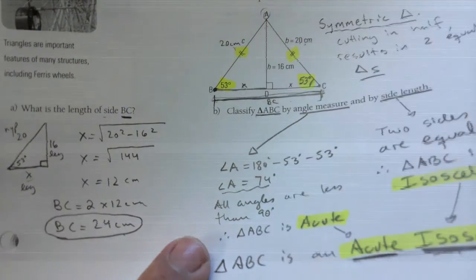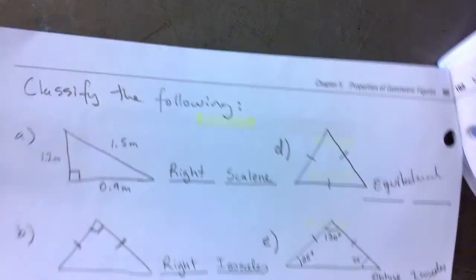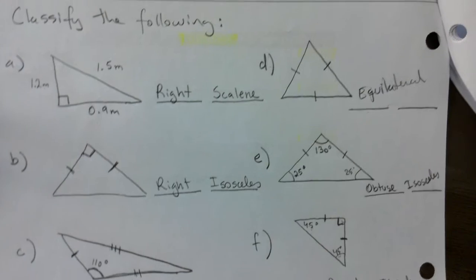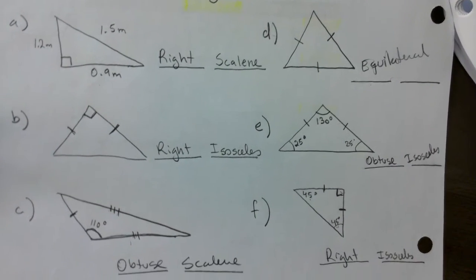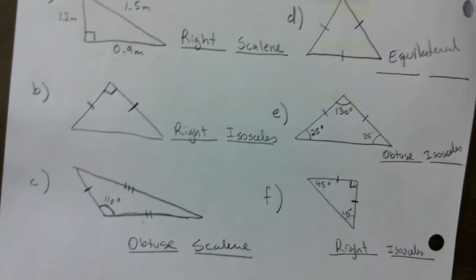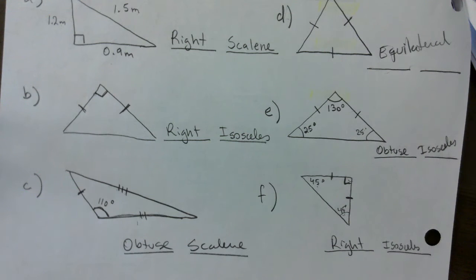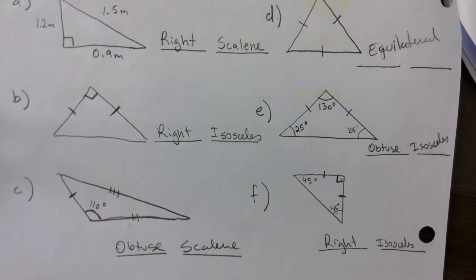So I'm going to get you to go to the next page. And there we did a bunch of examples on classifying. And I think what I will do is I'll give you a couple more today to practice. Let me just look up. I have some examples here that I made up where you can see if you remember.